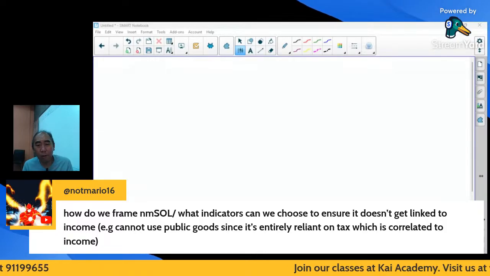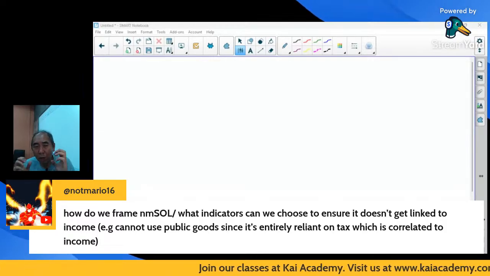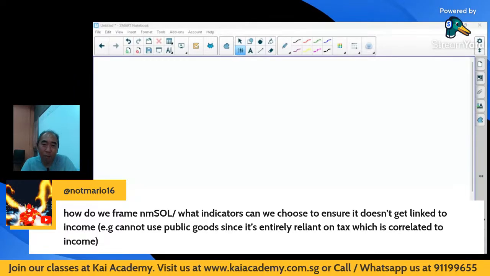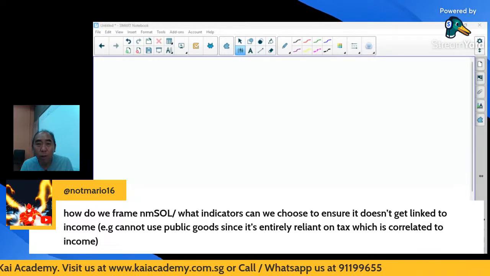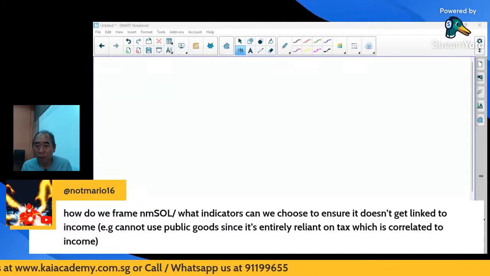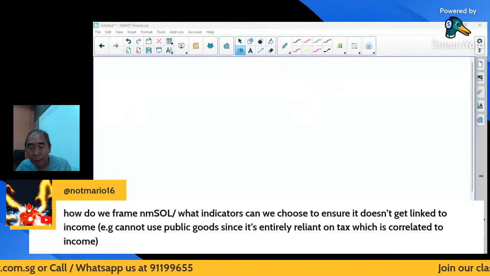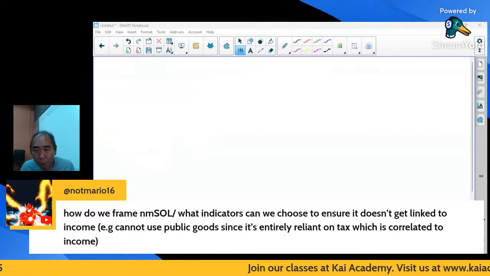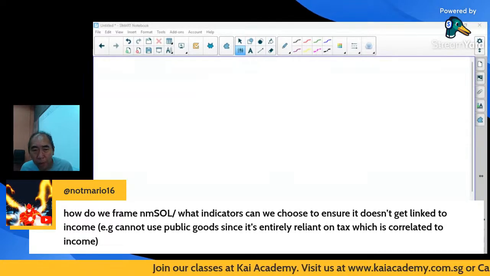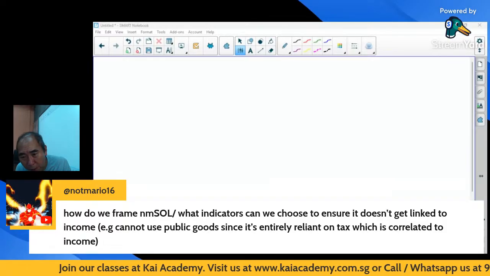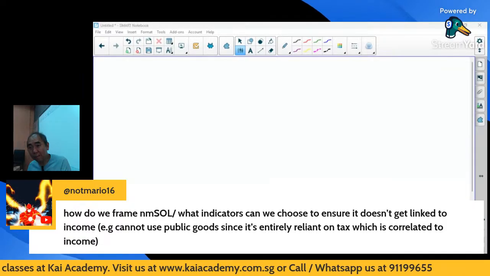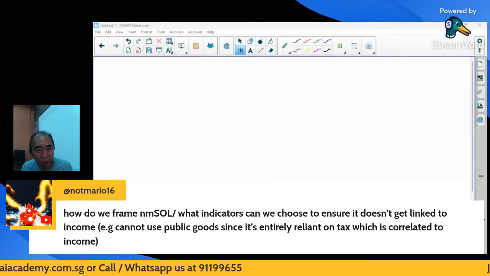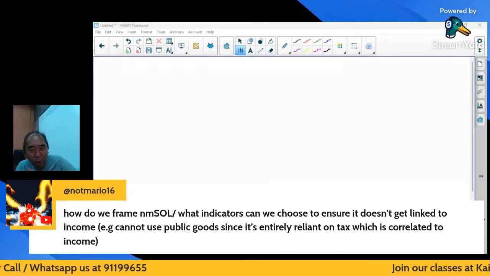With more tax revenue, the government is in a better position to improve both the accessibility to social services like education and healthcare, as well as the quality of those services. So the government with more tax revenue can give us better public transport, a better healthcare system, a better education system. All these improve non-material SOL, and they can be funded by the higher taxes that the government earns when there's economic growth. So they don't have to be mutually exclusive. You don't have to go out of your way to separate the two.